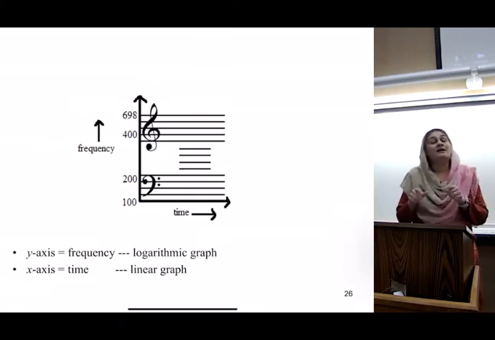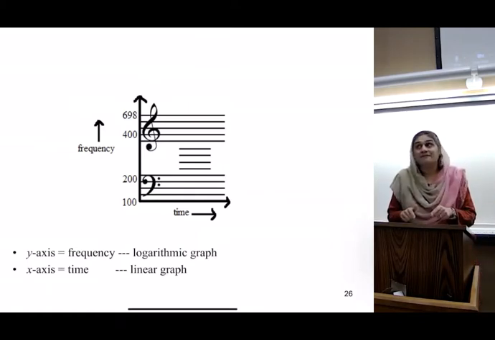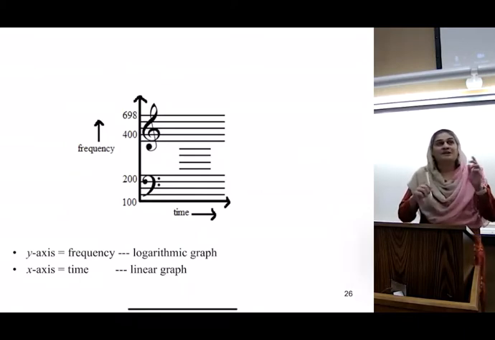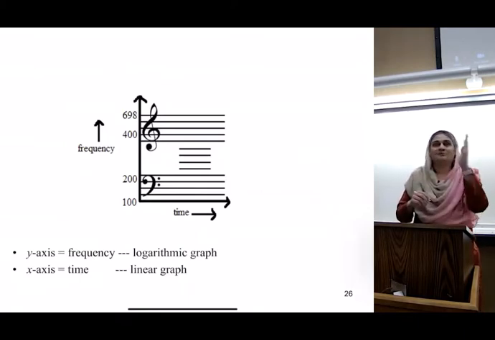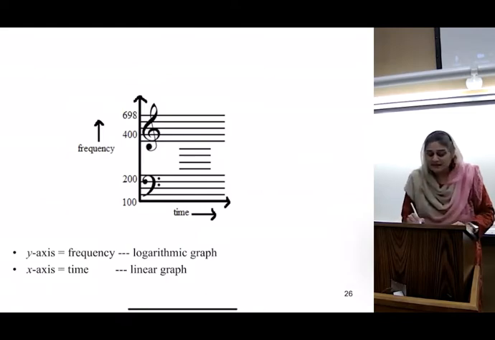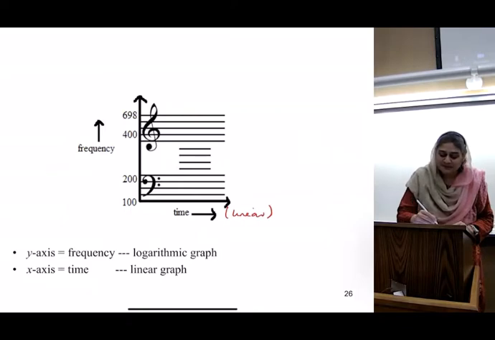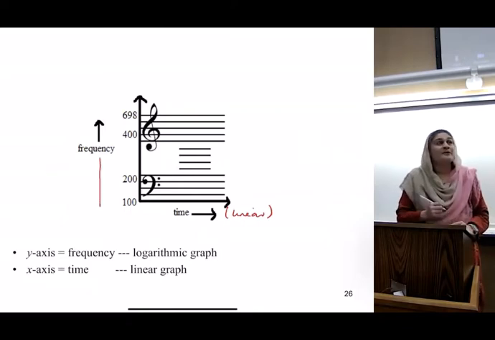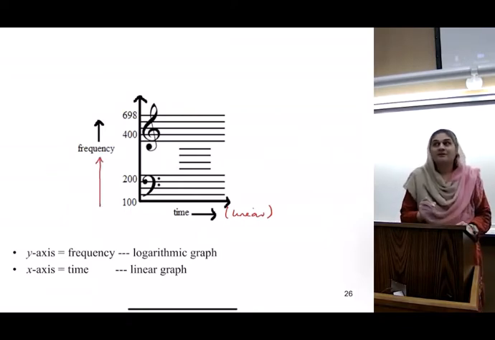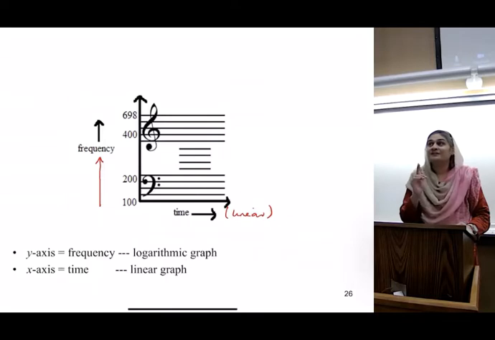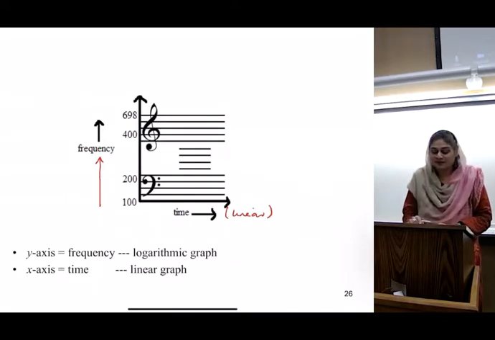So we call a musical staff a semi-logarithmic scale, where your timekeeping on your scales is linear, but your frequency, when you put it on a scale, is actually logs of those values, or else it wouldn't work. This is why logs are so important.